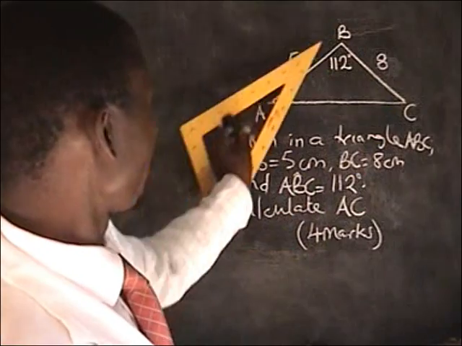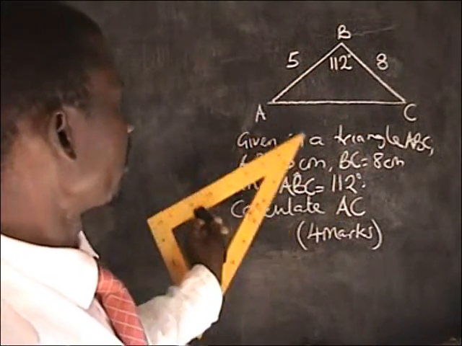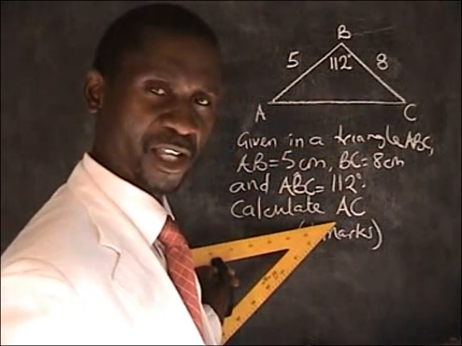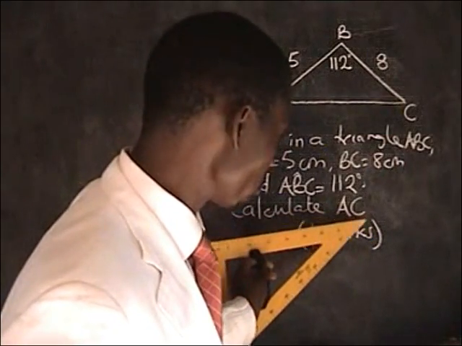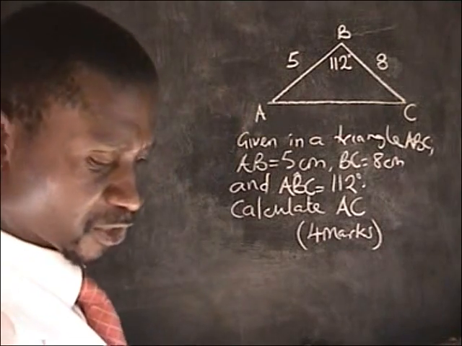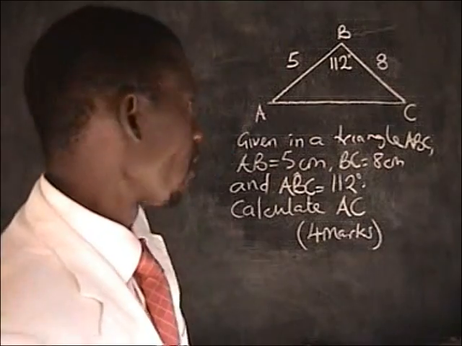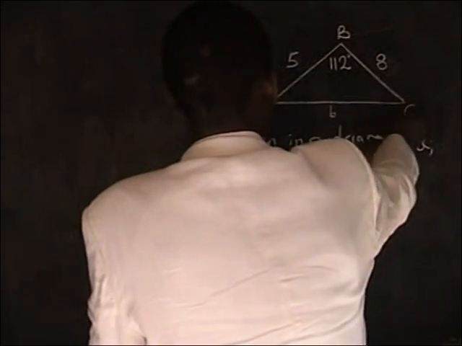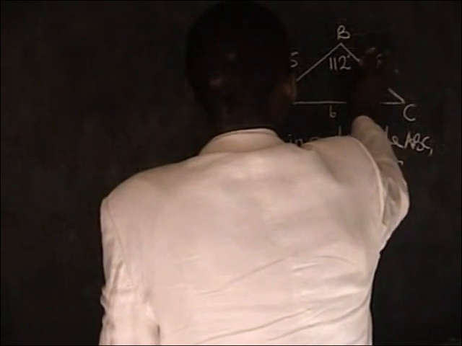And the angle ABC is equal to 112 degrees. Then calculate AC. Mind you, looking at the questioning, 2 capital letters are used. AC means the side of length from A to C. So in the first place, this triangle must be marked using small letters. Opposite capital letter B, you have small b. Opposite this, you have small c, and opposite A, you have small letter a.